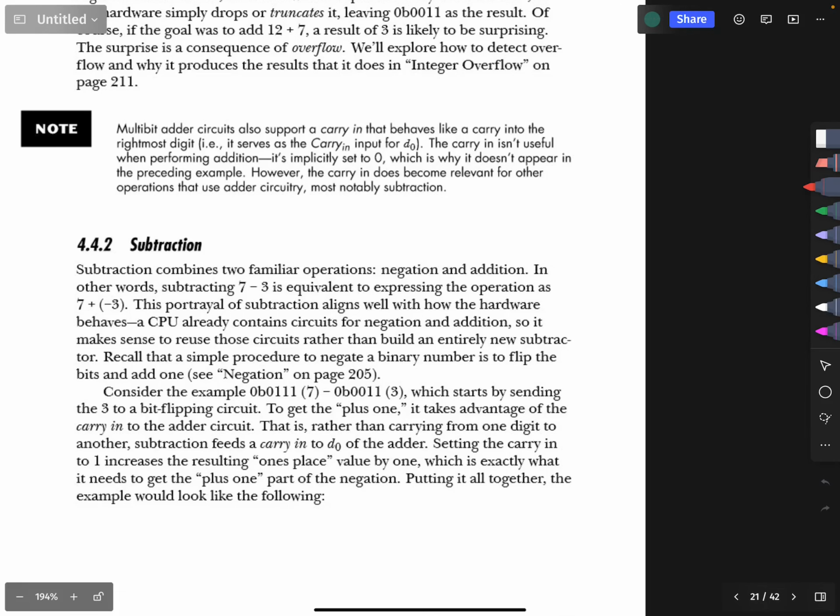Now, a straightforward way to perform subtraction, say you're going to compute 7 minus 3, is that if you have an operation to negate a number, then you might as well simply resort to addition with the negated number. Those are equivalent computations. As long as you can take a single number and negate it, that is effectively all you need for subtraction.